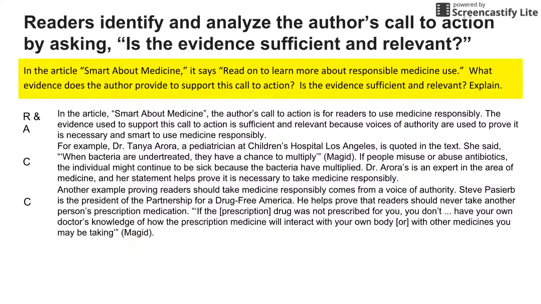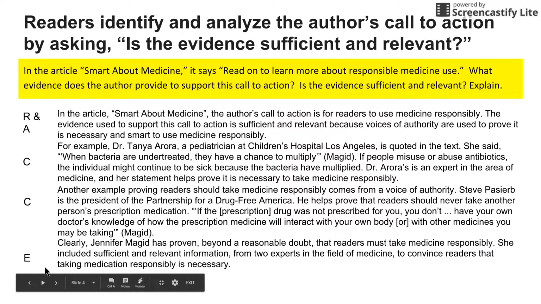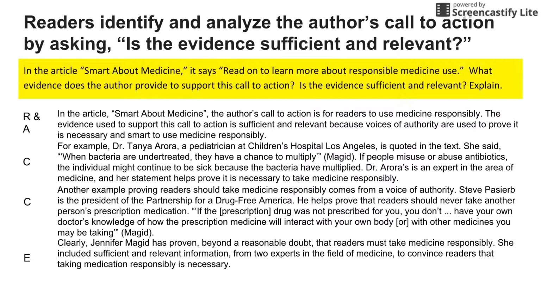Take medicine responsibly. So my explanation. Clearly, Jennifer Majid has proven beyond a reasonable doubt that readers must take medicine responsibly. She included sufficient and relevant information from two experts in the field of medicine to convince readers that taking medicine responsibly is necessary.